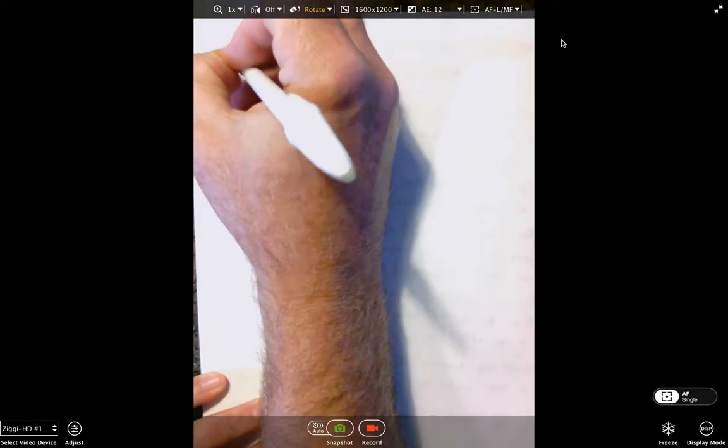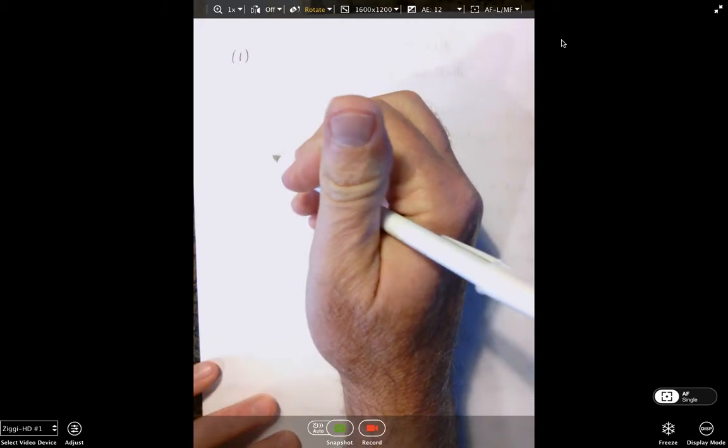Answers to these, if we have the following, are really relatively simple.